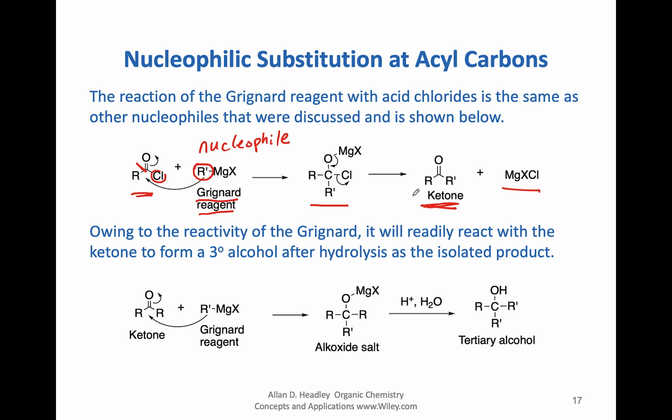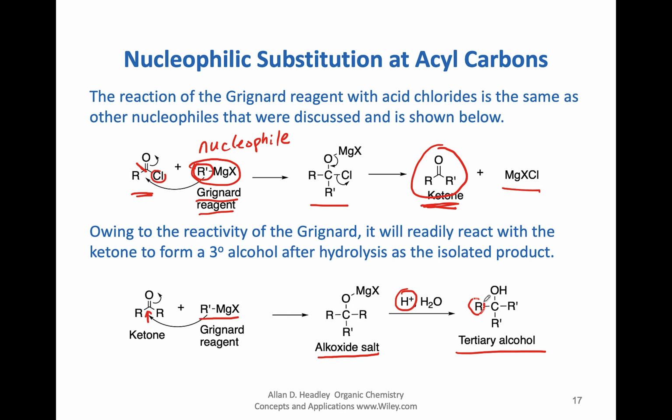Here's a trick, however. Here's what you need to look out for: this ketone, that's the product, will react with more Grignard reagent because the Grignard reagent is so reactive. So a second mole of Grignard will react with the ketone, as we have seen before, to form the alkoxide salt, and upon hydrolysis will give a tertiary alcohol.